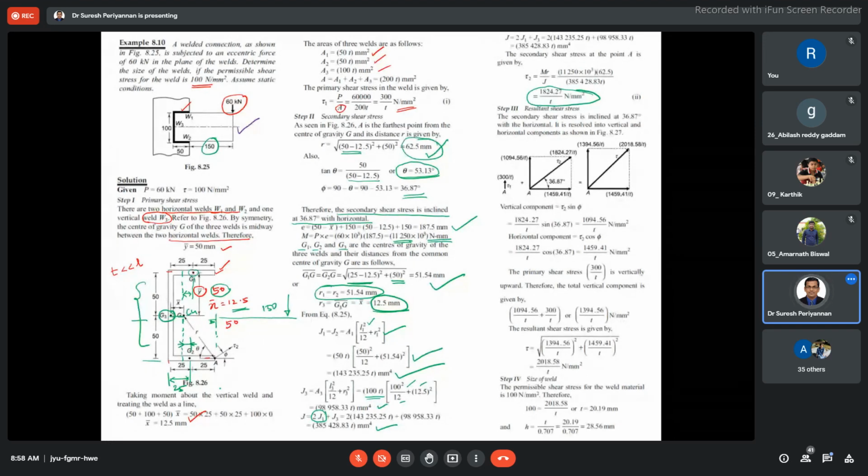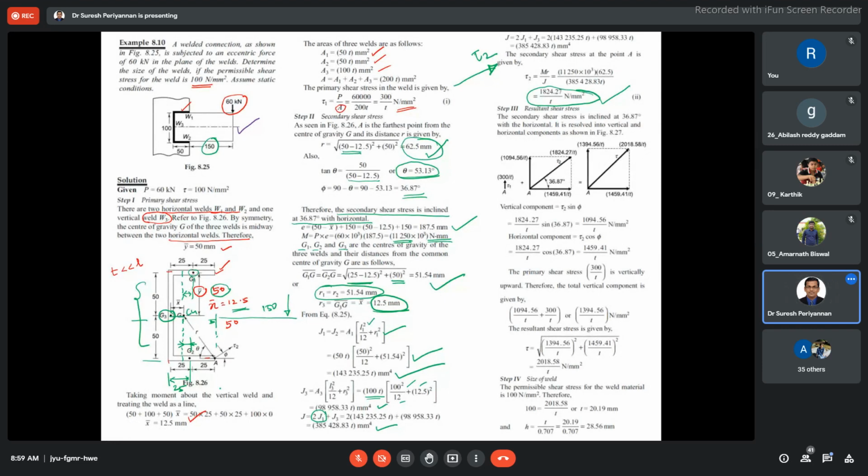Now J value we have found. We know that in terms of tau 2, now tau 2 in terms of T. Now I am taking this bottom weld, for example any one of the welds here. This is my tau 2. Earlier, both welds are identical and the distance is also equal: 50 mm length of the weld, and the vertical distance between the welds is 50 mm.